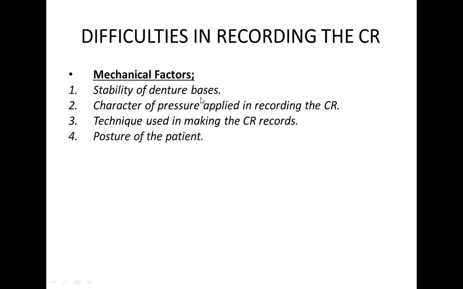So stability is a vast area. When we discuss all of your factors later on, we will see that stability is in every area. When you record impressions, it is there; when you record jaw relations, it is there; when we arrange the teeth, it comes there too.